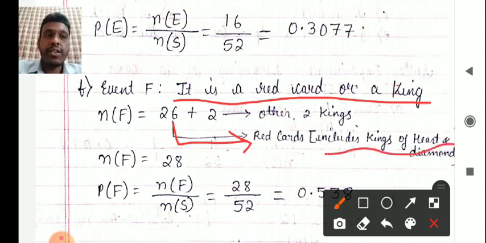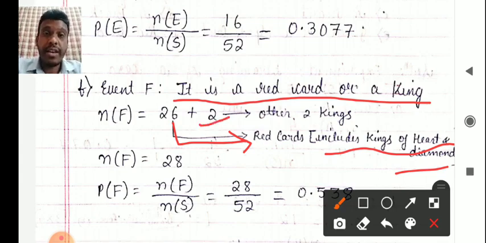It includes the kings of heart and diamond, right? So other 2 kings only are remaining, that is king of clover and king of spade. So these are the 2 other kings I am adding to that. So 26 plus 2 is equal to 28. 28 cards you have in total, which are either red color cards or a king.